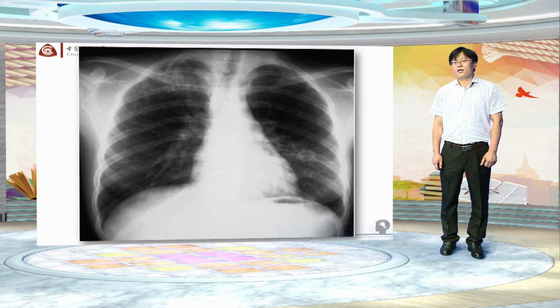Some small cavities can be seen in this patient's left lower lobe, and we can see satellite lesions surrounding the cavities. Actually, we can also see lesions in the patient's right upper lobe.